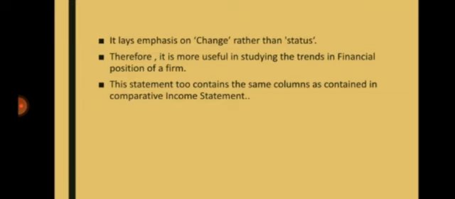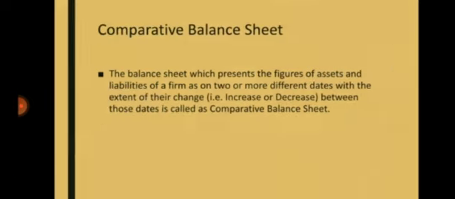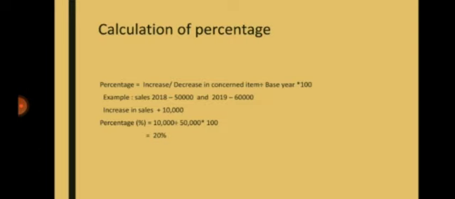Okay, and the formula of percentage is similar to the percentage of the income statement. Now while calculating the percentage for the balance sheet, we have to take the increase or decrease in the concerned item of the balance sheet divided by the base year item of the balance sheet, into 100. Okay, so this is all about comparative financial statements.